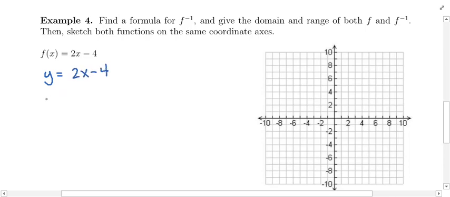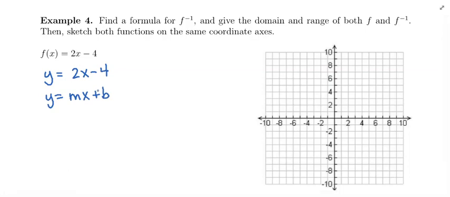Again, I'm just dealing with the original function. It has the format y equals mx plus b. I'm going to go ahead and graph it, and then later, once I find the inverse function, I'll come back and graph that. So I'm going to start by graphing this guy.